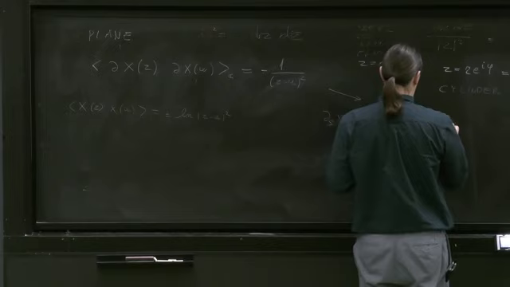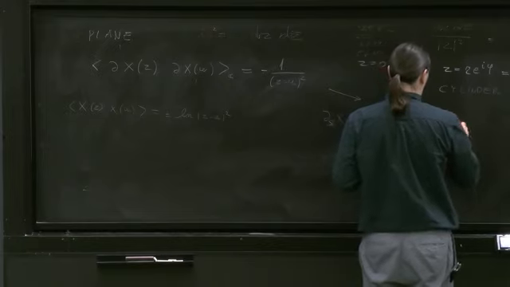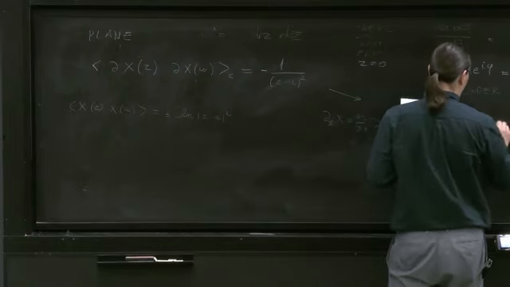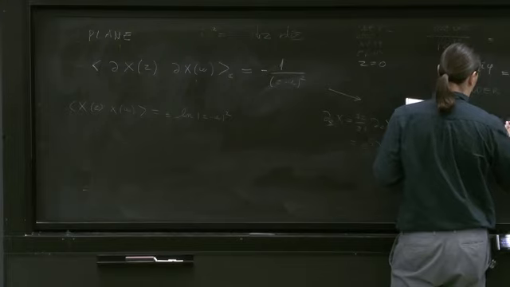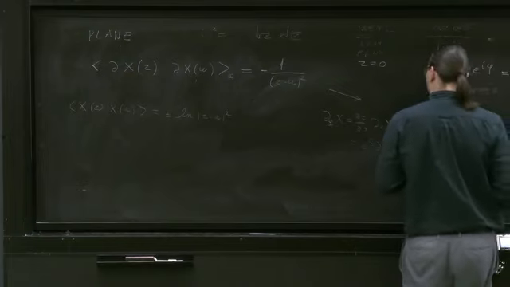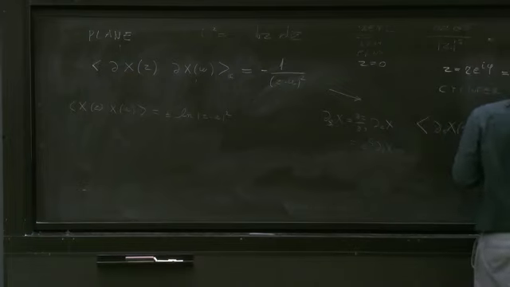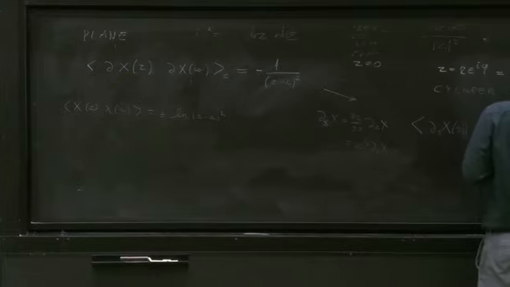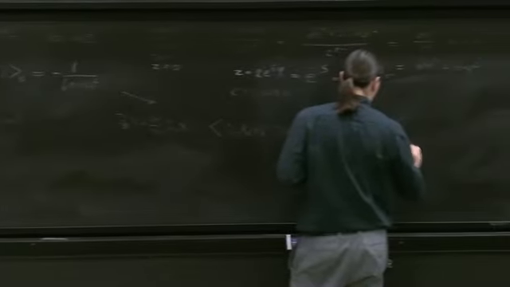So this maps to a correlation function that looks like this. I have e to the s plus s prime over e to the s minus e to the s prime, squared.